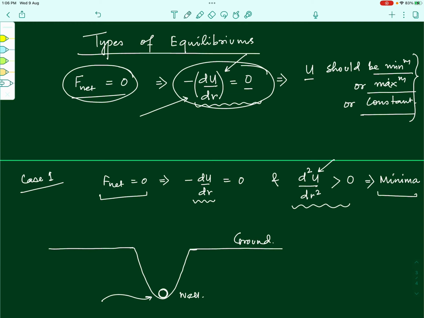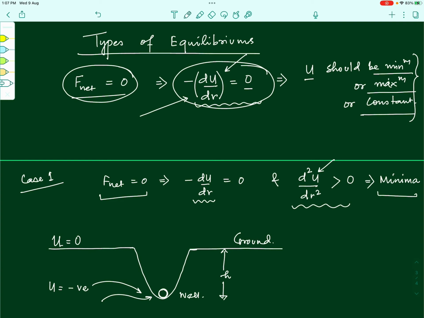Do you also see that if we consider the gravitational potential energy of the ball to be 0 at the ground level, then at this level the gravitational potential energy is even lesser than the potential energy at the ground. So, here the potential energy will be negative, right? It will be minus mgh if the depth of the well from the ground level is h, right?